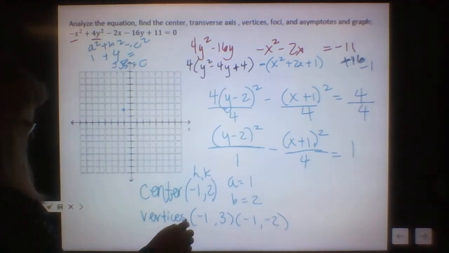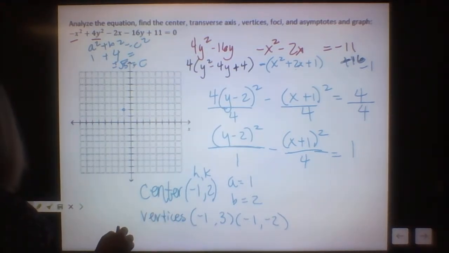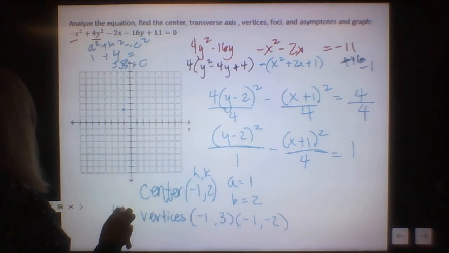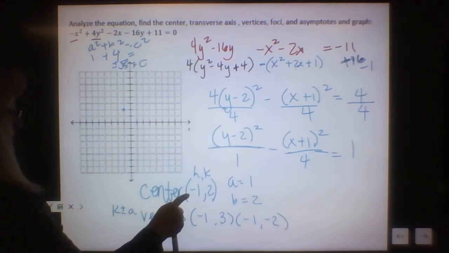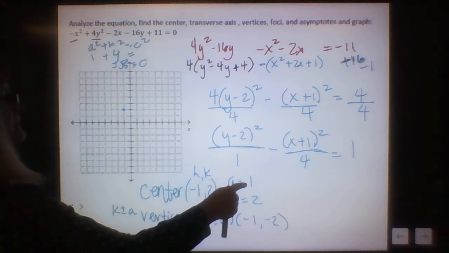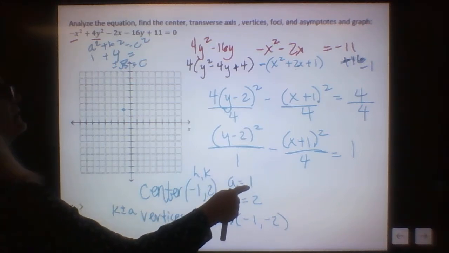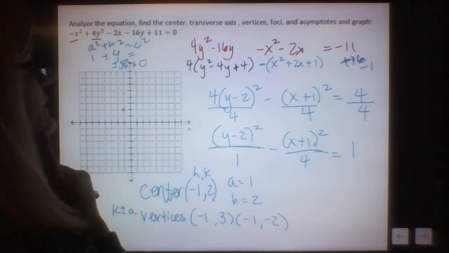Right? Because the vertices are K plus or minus A. So K is -1, A is 1.